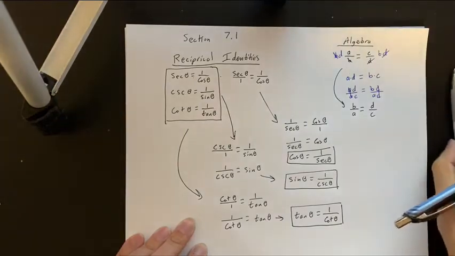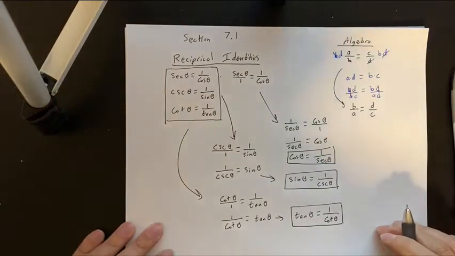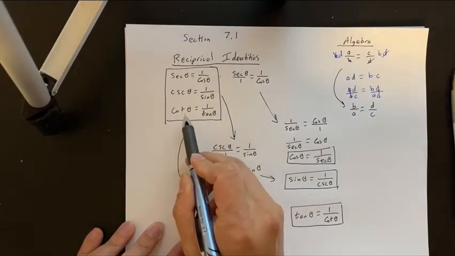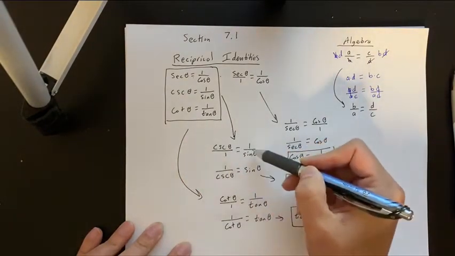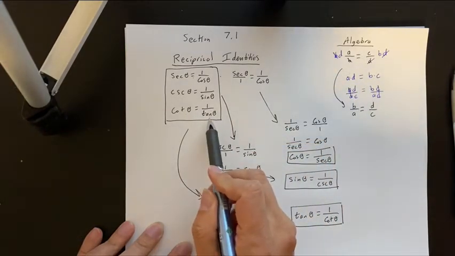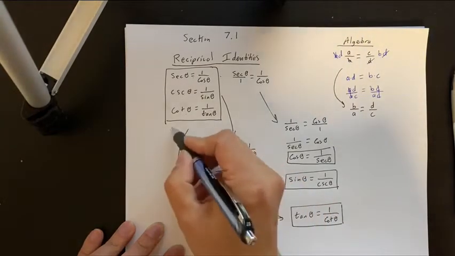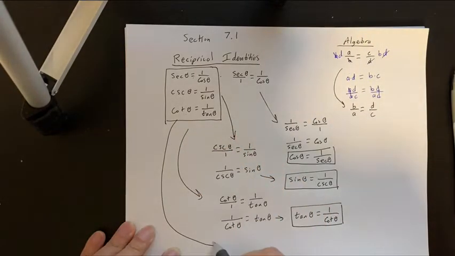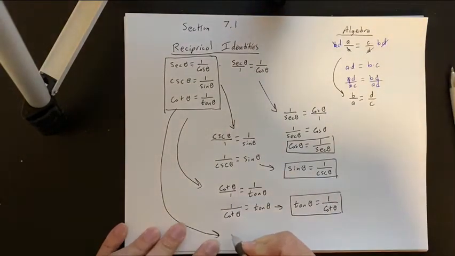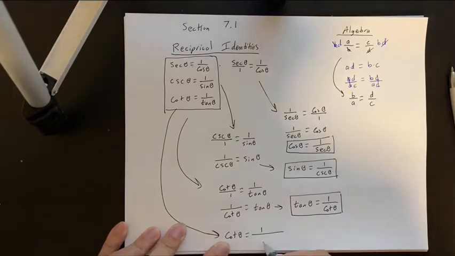All right, there is one more, and that's coming from this third identity. Instead of flipping the left and the right, I can rewrite this tangent as sine over cosine. Okay, so there's one more. So cotangent theta is going to be 1 divided by tangent theta, but tangent theta is really sine theta over cosine theta.